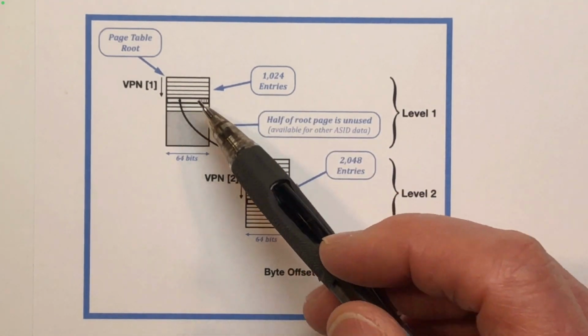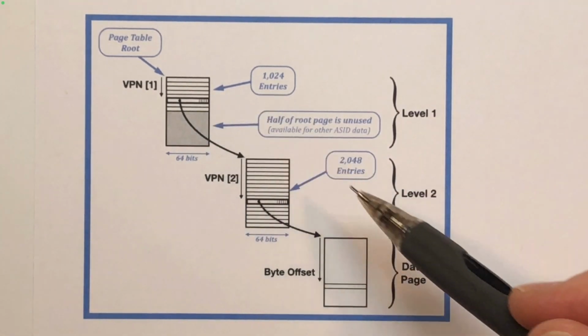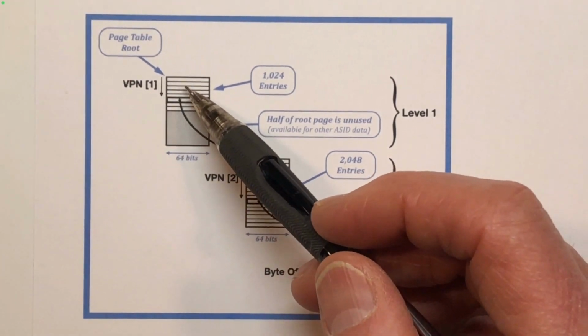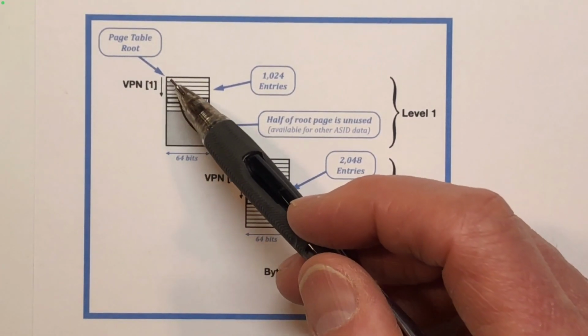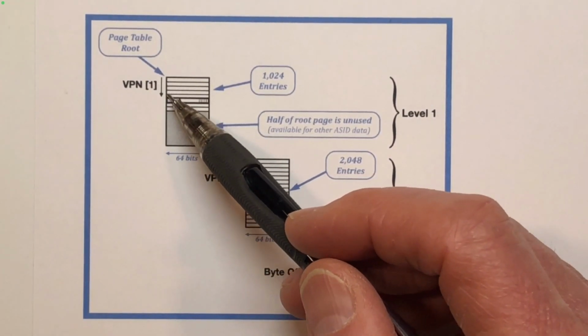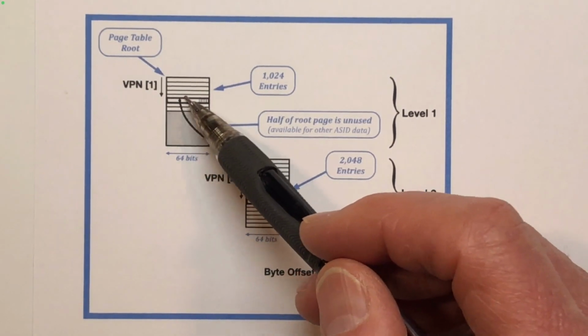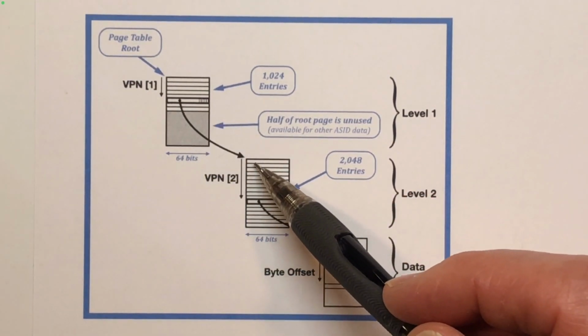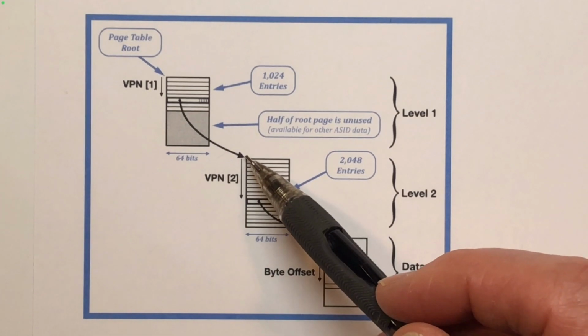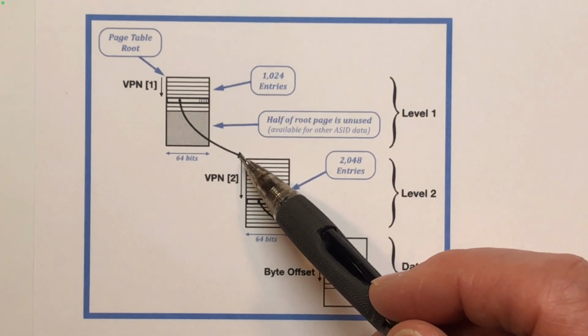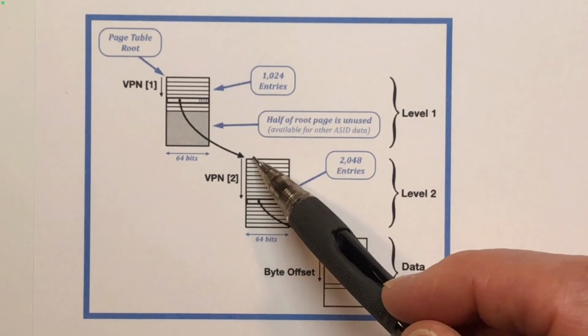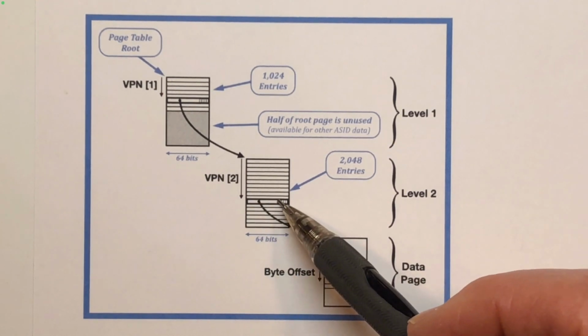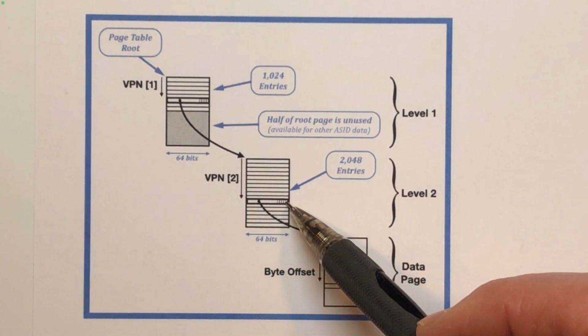So to take a virtual address and locate a byte, we use the VPN1 field, which is 10 bits, to access a page table entry. That will contain a pointer to another index page, and we use the field called VPN2 as an index into that array to access the next page table entry.